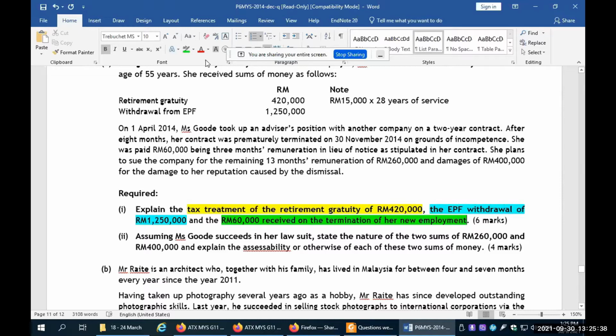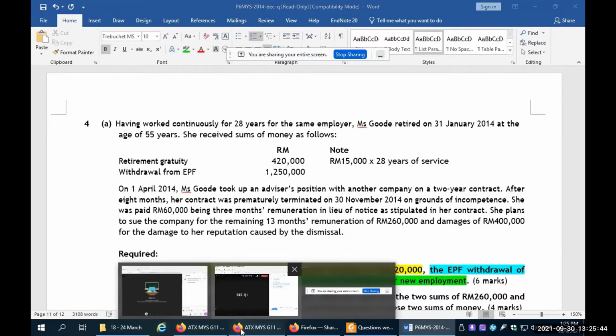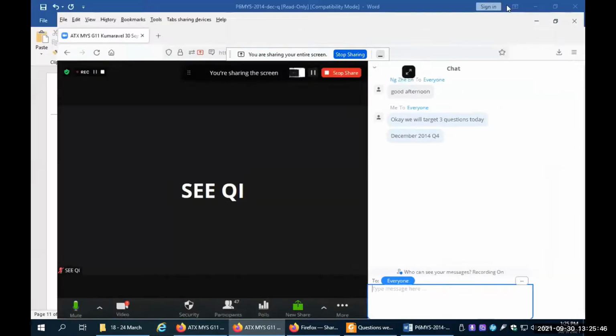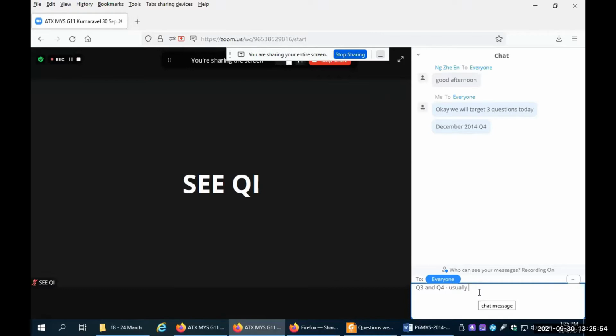Now, straight away, exam technique, question 3 and 4. Usually there'll be 2 to 3 parts.